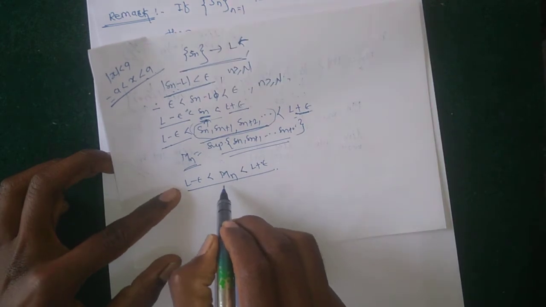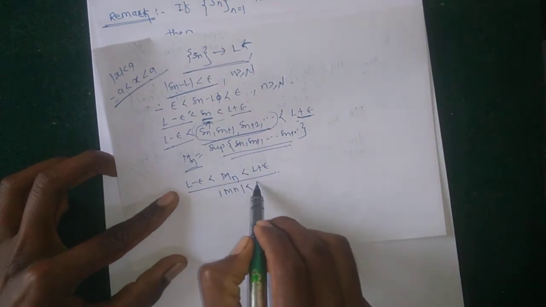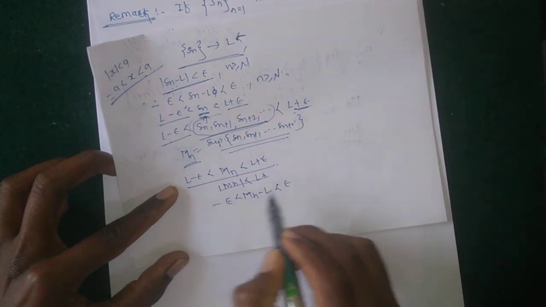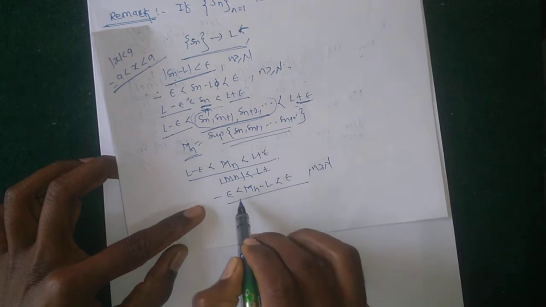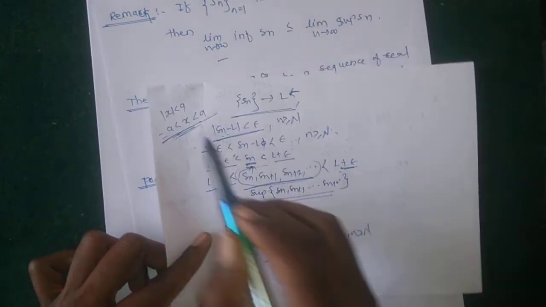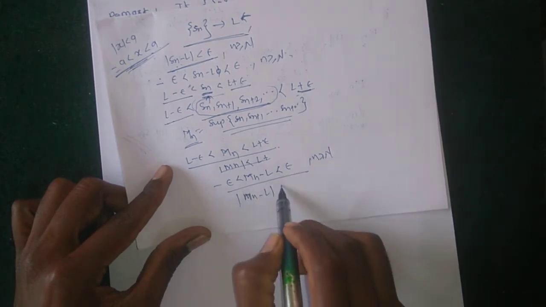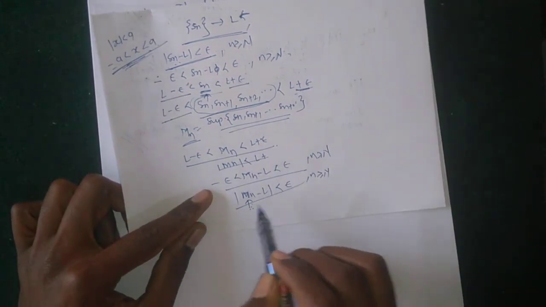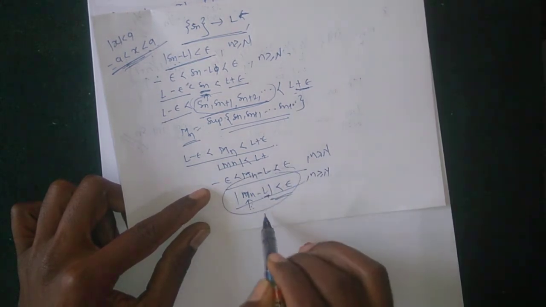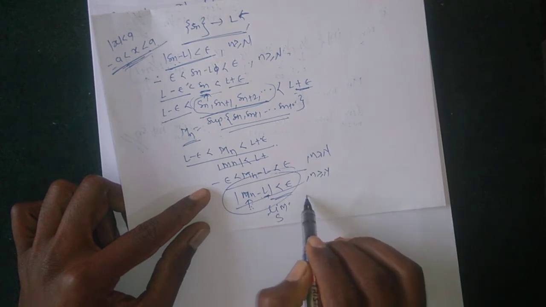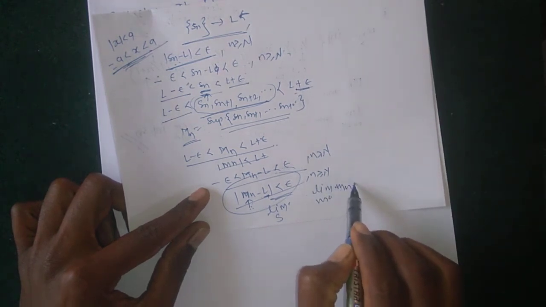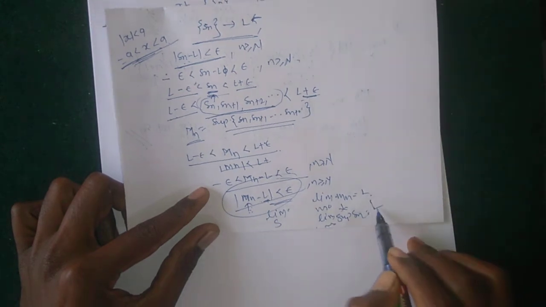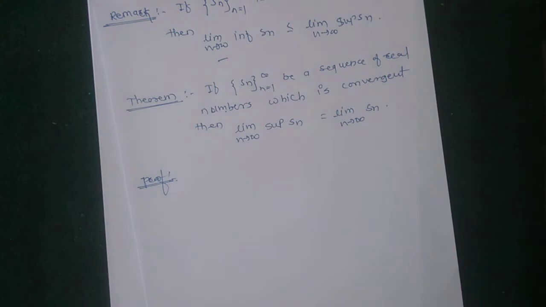Subtracting L on both sides, we get minus epsilon less than Mn minus L less than epsilon, for all n greater or equal to N. By the definition, mod Mn minus L is less than epsilon for all n greater or equal to N, so the sequence Mn has limit L by the epsilon-N definition. Therefore the limit of Mn as n tends to infinity is L, and Mn is the supremum of Sn, so this also has limit L. This is a very simple proof.